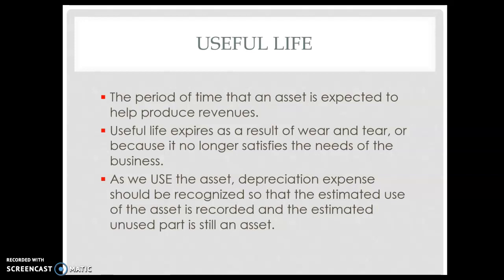With supplies in particular, we're saying how much did we use this month, and that's going to go into supplies expense. Whereas with depreciation expense, we're going to set up an original useful life at the beginning of the time that we bought that, and we're going to use that estimated use for the entire time.